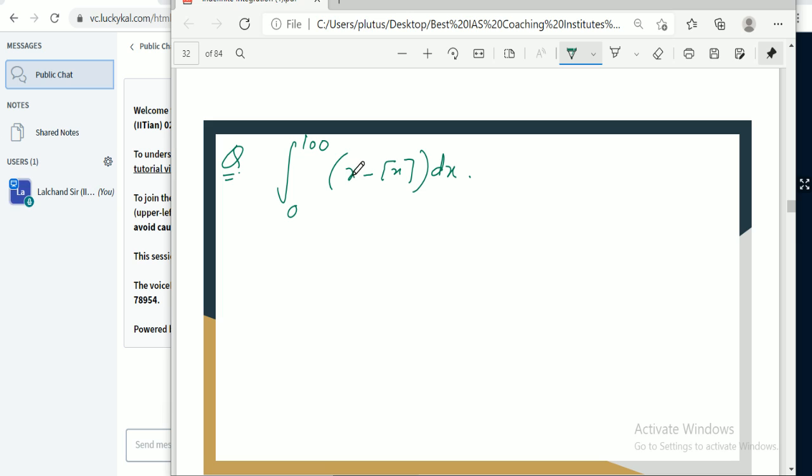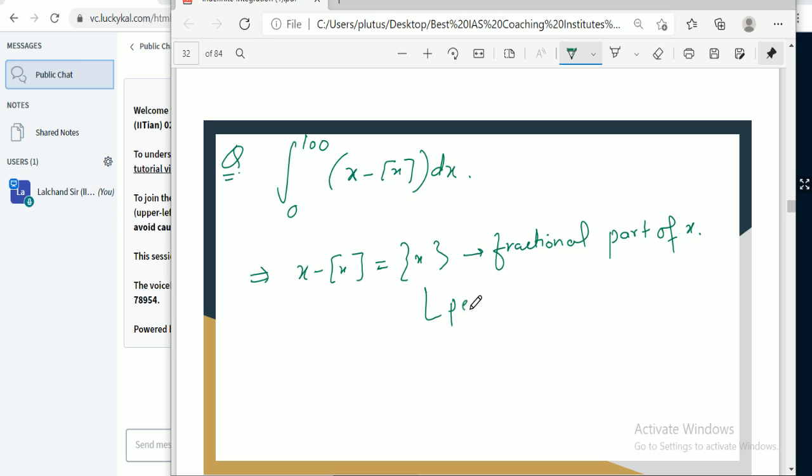So can anyone tell me, x minus greatest integer of x, what is this function all about? So we can write x minus greatest integer of x is equal to the fractional part of x. This is the fractional part of x function. So can anyone tell me about the period of this function?